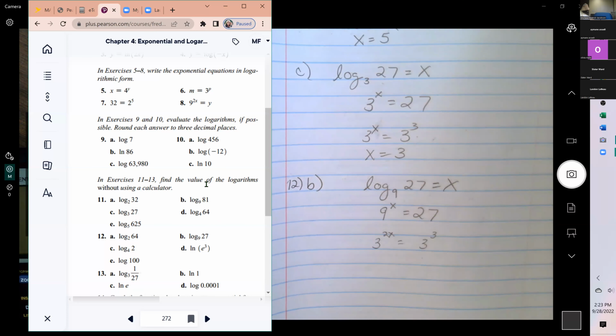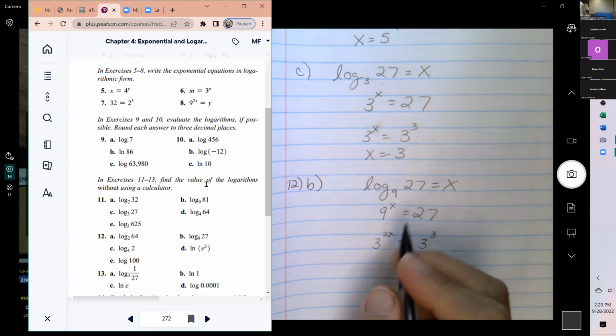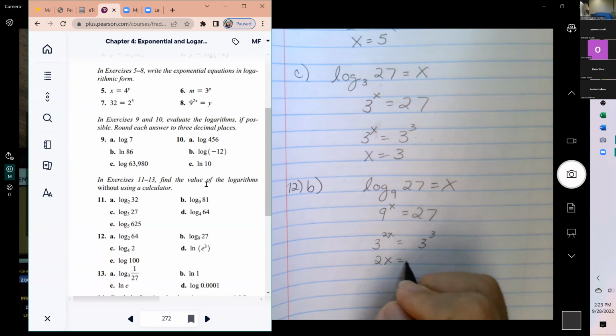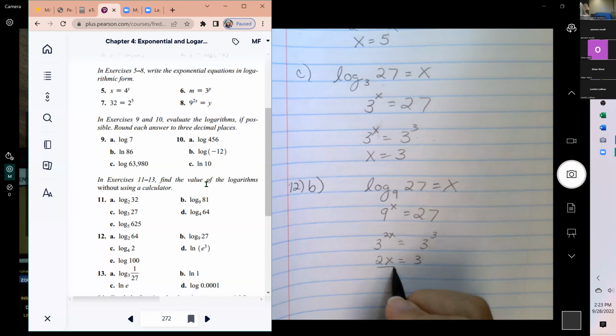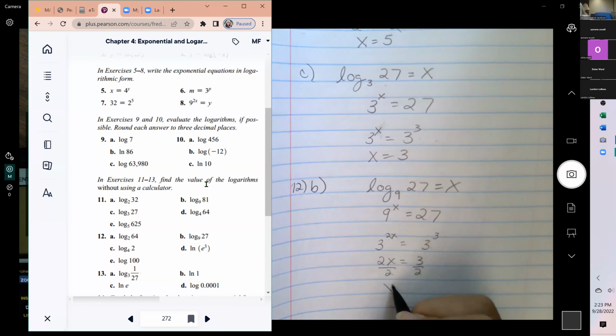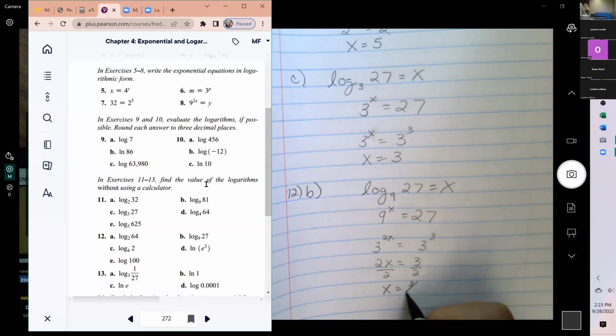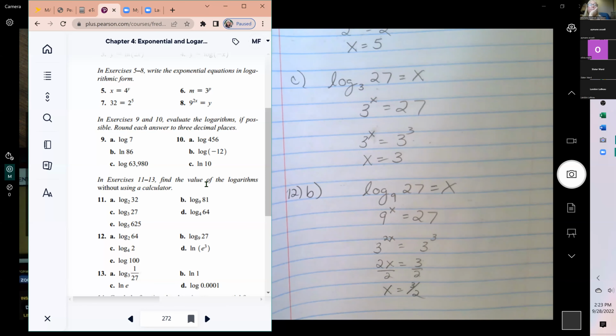Any questions so far? We have the base the same, so 2x equals 3, and then divide by 2. Any questions on that?